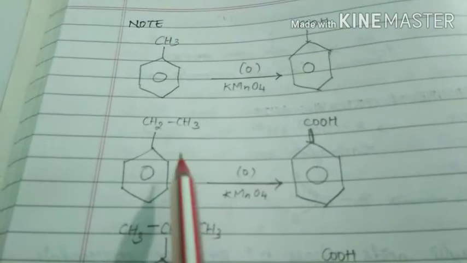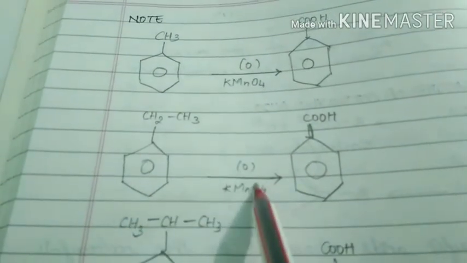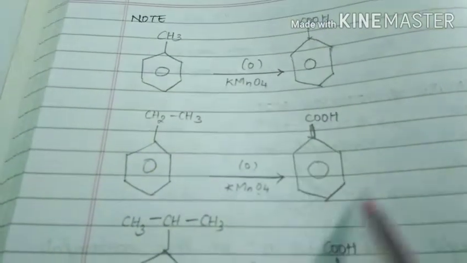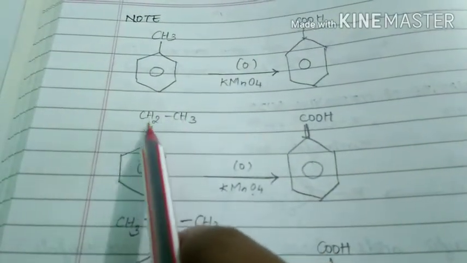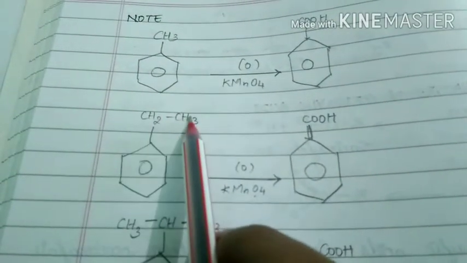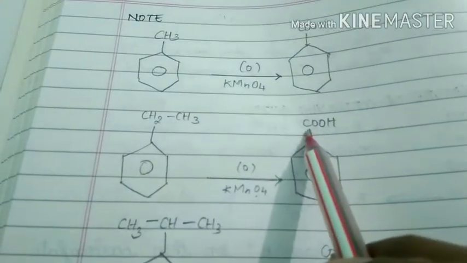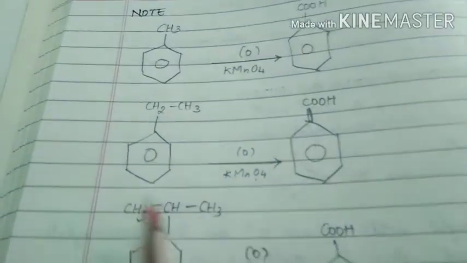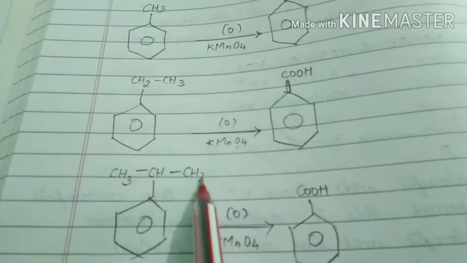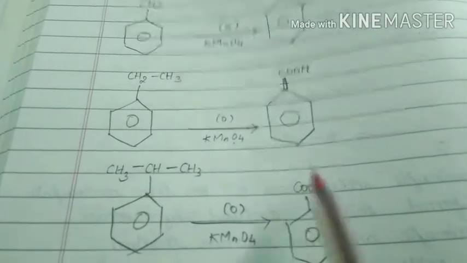This is ethylbenzene. When this compound also undergoes oxidation, we also get benzoic acid. Here 2 carbons are present. Even if 100 carbons are present, we get only 1 carbon in the product. That carbon forms the carboxylic acid. Here 3 carbons are present, and still we get only 1 carboxylic acid.